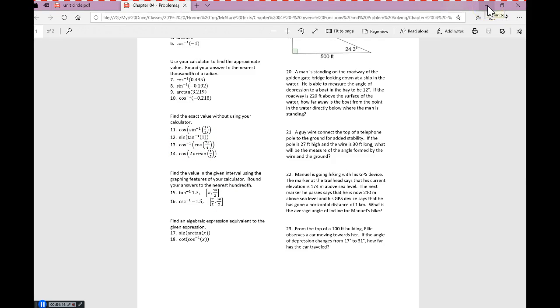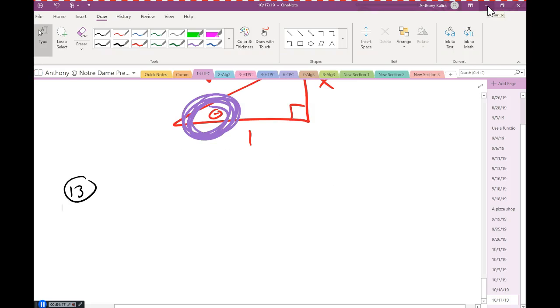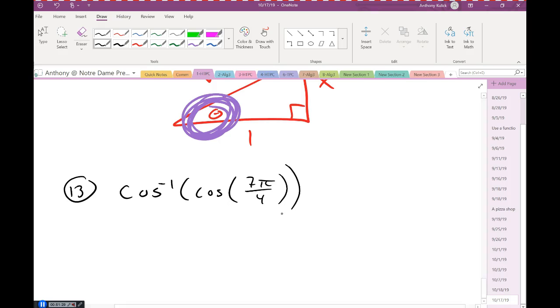Okay, cosine inverse of cosine of 7 pi over 4. Okay. So, a couple of different ways we could do this. Remember we had said before that we can just say that this is theta.